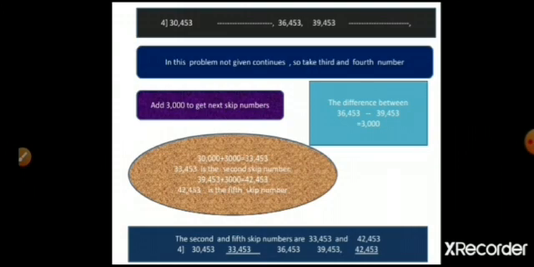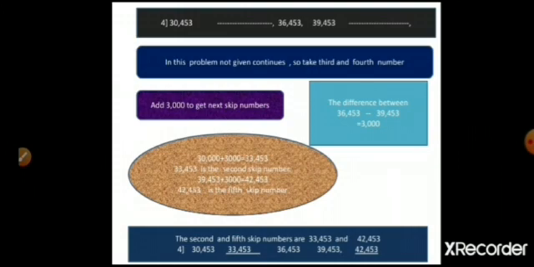First we take two continuous numbers, that is the third and fourth one. We subtract, then we get the difference between the two numbers. The difference between the two numbers is 3,000.